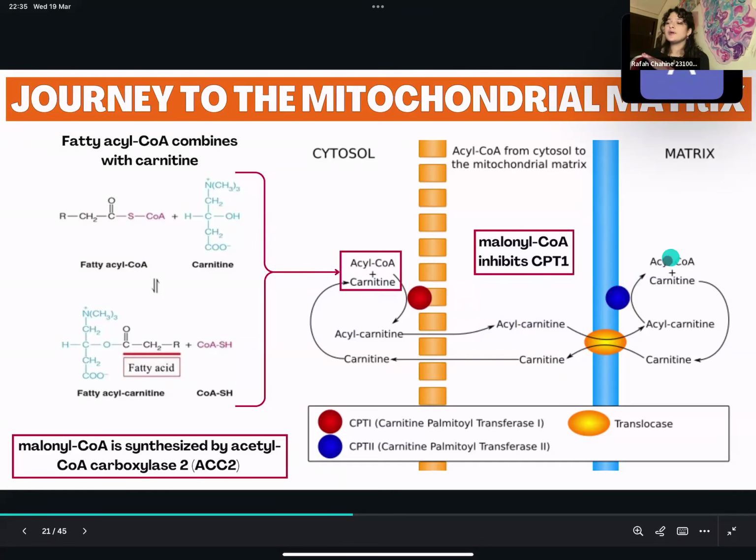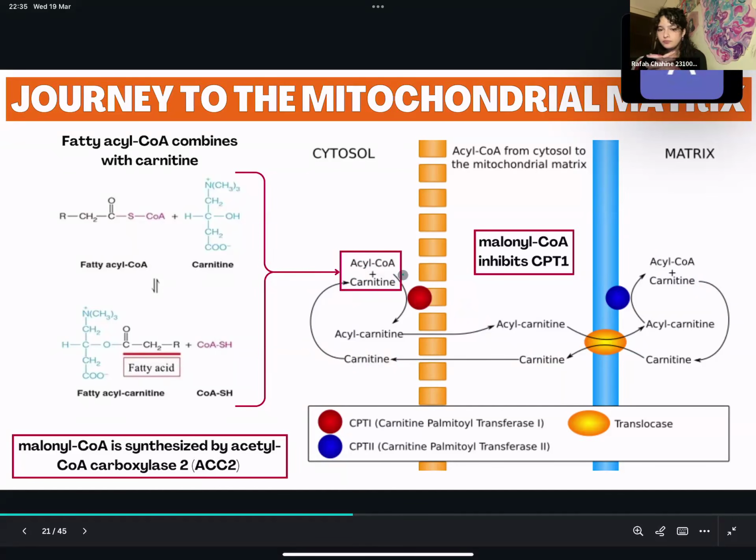And then once it's in the inner mitochondrial membrane after CPT1 and the translocase enzyme, it will recombine with it. That's what the last bullet point meant. With the help of CPT2, we recombine the acyl and the CoA. So now we have a fatty acyl-CoA again, and this carnitine can be reused. It will go through the translocase again to the cytosol, and it will wait for the next acyl-CoA to show up.